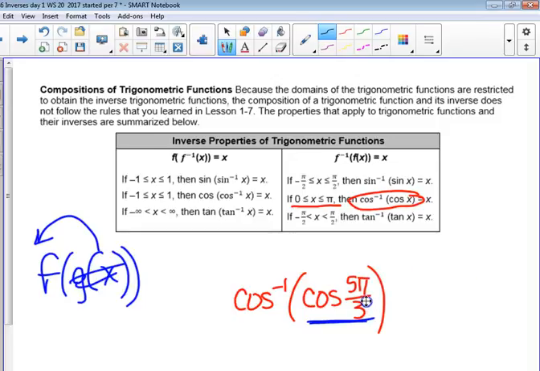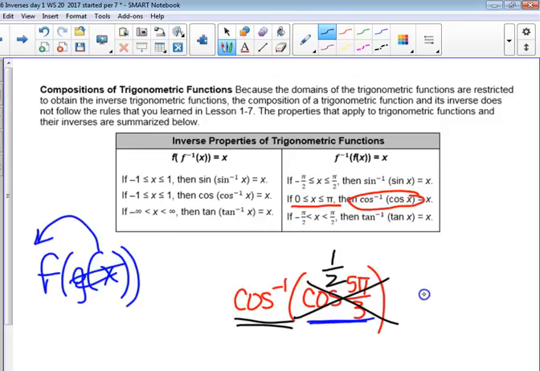5 pi/3, okay, is the same as -pi/3. So it's at the 300 degrees. So the cosine value at that spot is 1/2. Now, once we've taken care of that, we go here and we say, where is the cosine 1/2?